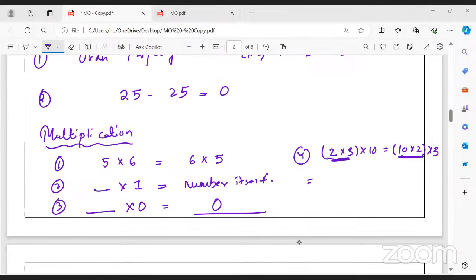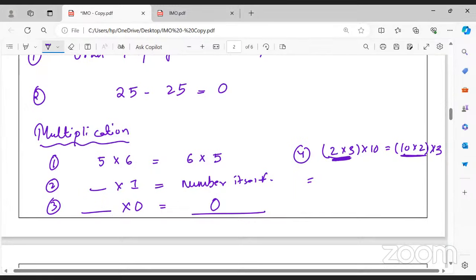Yes, sorry. Am I audible now? Somebody asked me, ma'am, why the name is not mentioned. It is the same: order property, multiplicative property of 1, multiplicative property of 0, and grouping property. Now here 2 and 3 are in one group, 10 and 2 are in one group. Will the product remain the same or is it going to change?